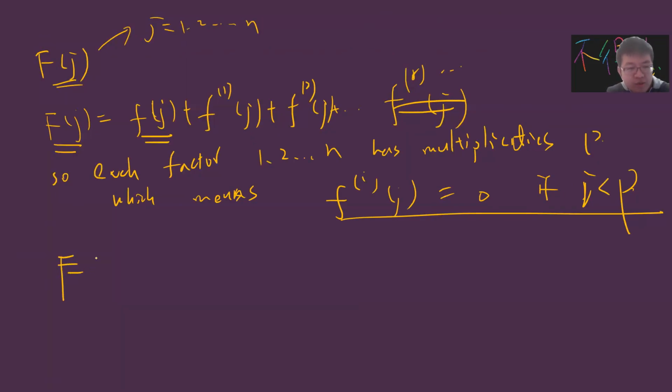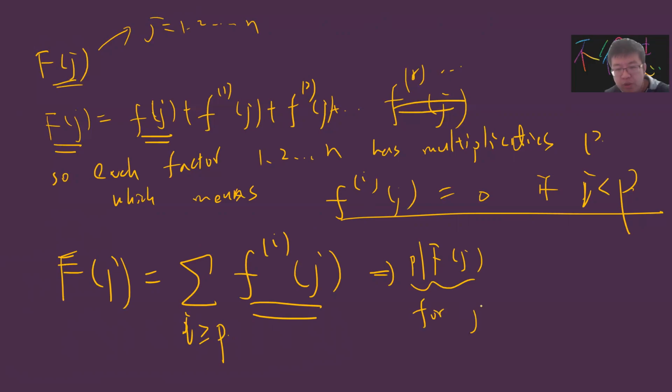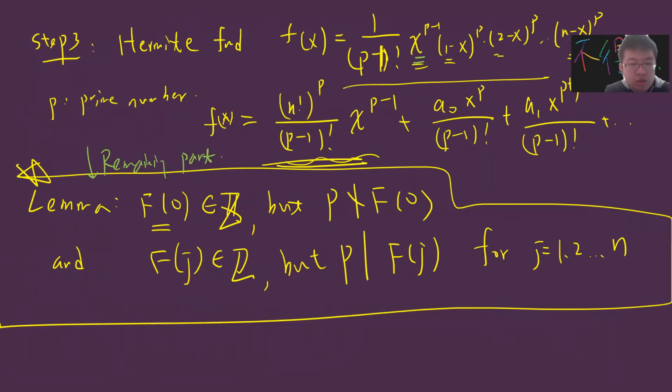So f tilde of j only survives when i is greater than or equal to p. Each of these is divisible by p, so f tilde of j is divisible by p. So p divides f tilde of j for every j from 1 to 2 up to n. This is the first part, and we just proved it.